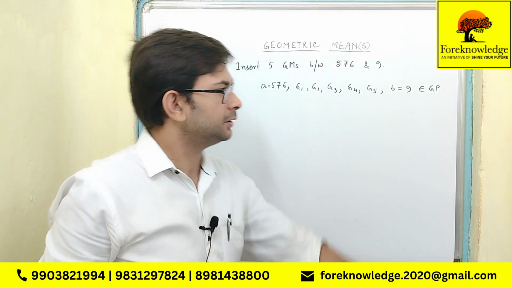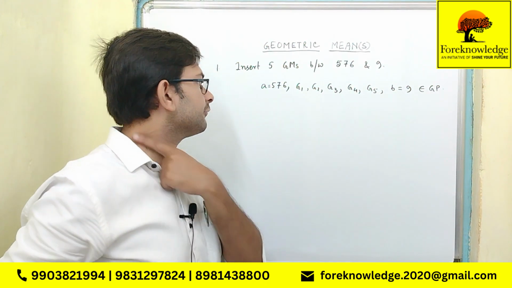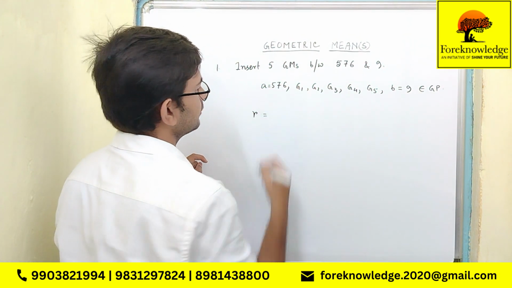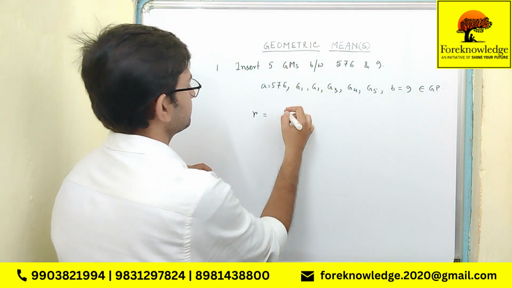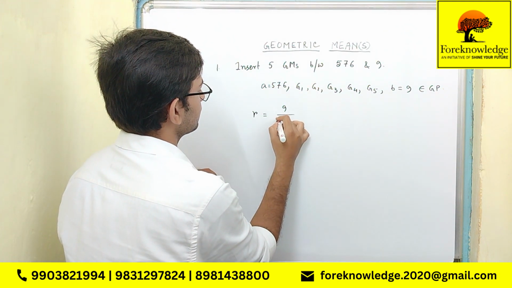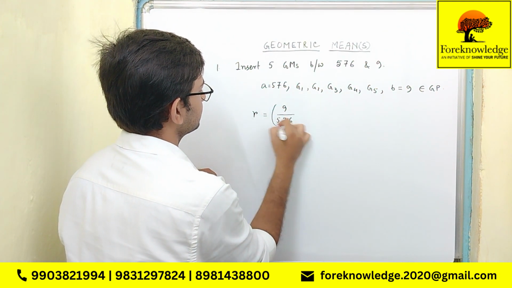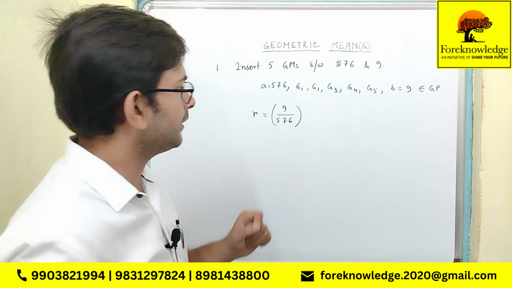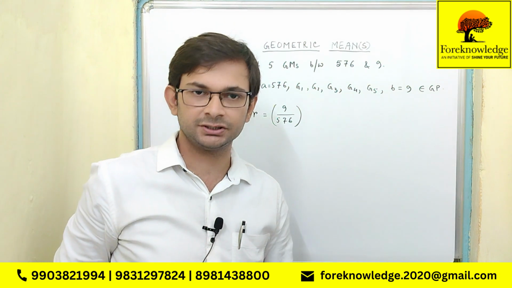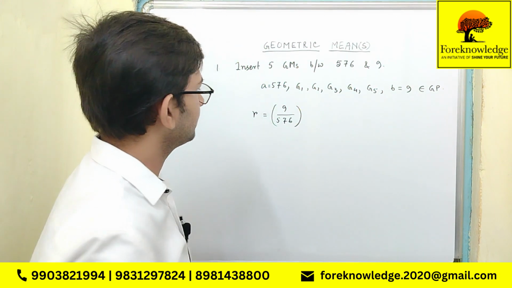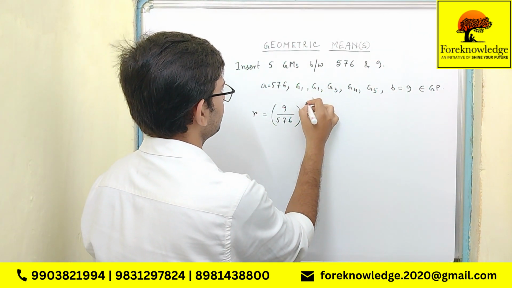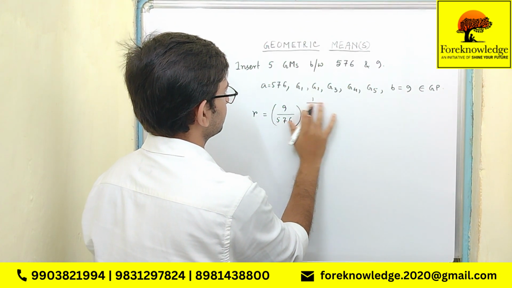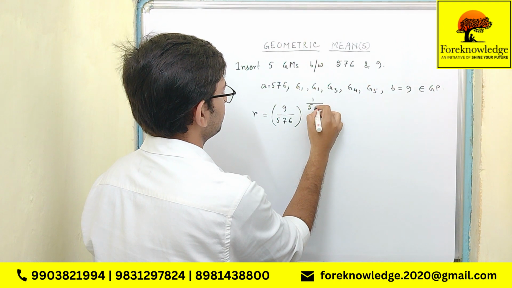Now we have to find the common ratio r. r is nothing but b upon a, that means 9 upon 576, whole to the power 1 by n plus 1, where n is the number of geometric means. That means 1 upon 5 plus 1.